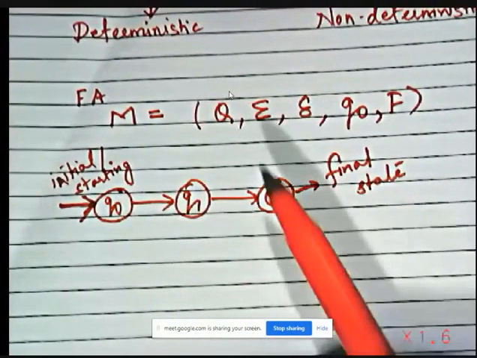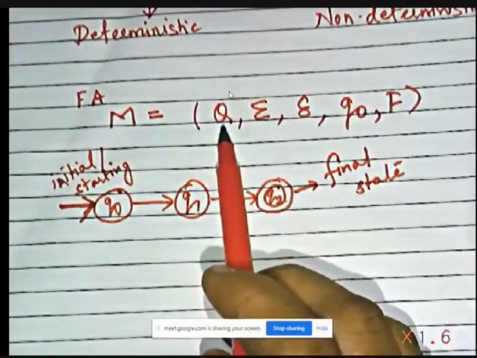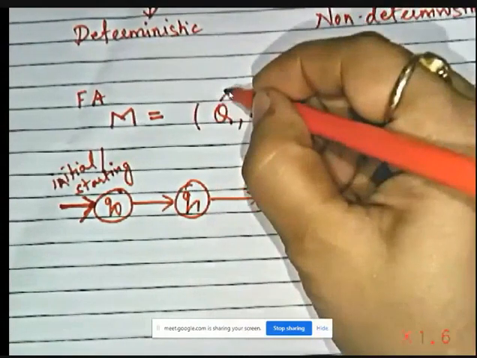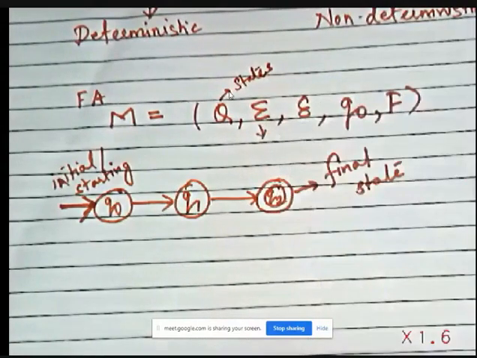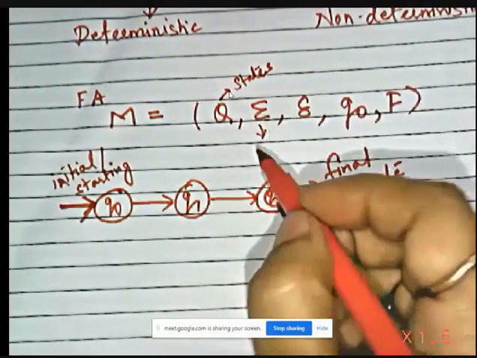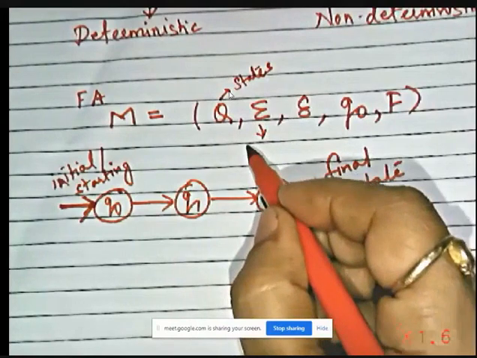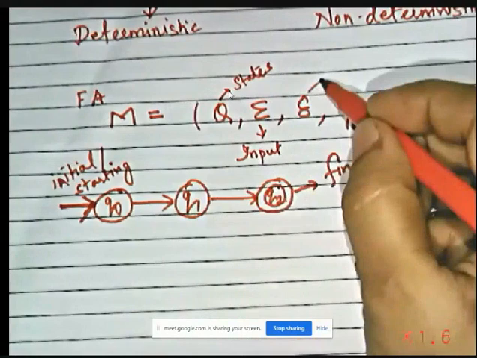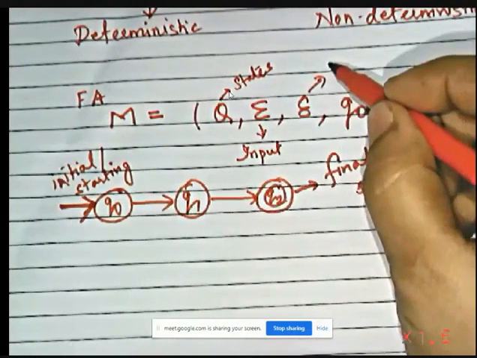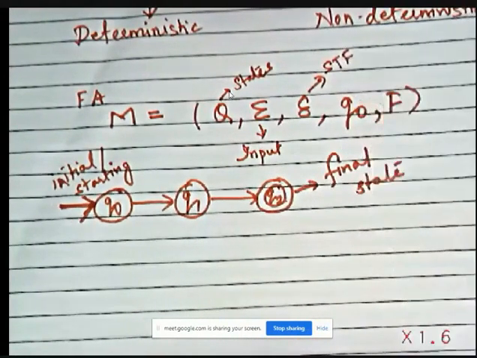In the last lecture we saw that Q represents the finite set of states. So Q is representing states. Sigma, which is the alphabet, is representing the input. Then delta is representing the state function.